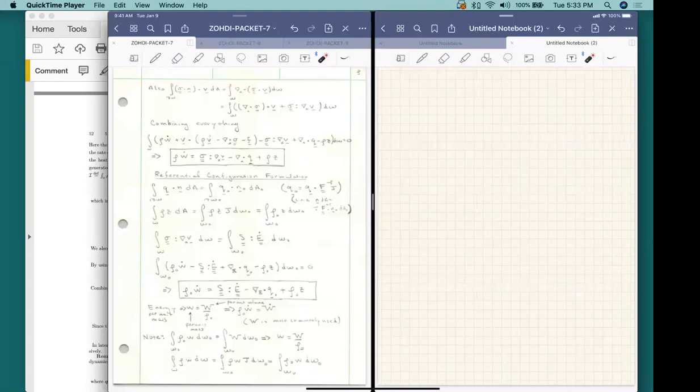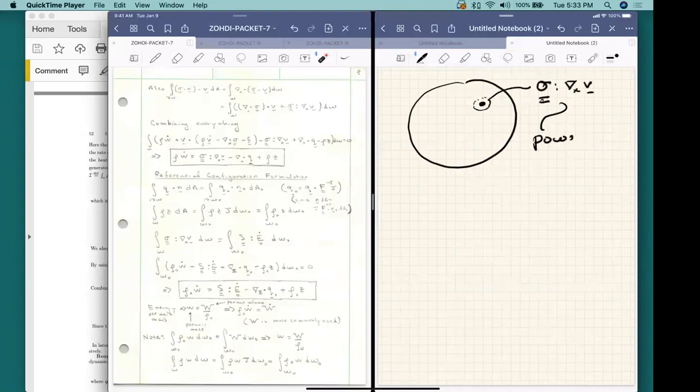So let's take a closer look at that thing. What that thing says is, if I take an object and start oscillating it back and forth, so let me isolate this little piece of material, and I subject it to a high value of stress, but I take the product of the gradient of the velocity with that stress, this will lead to some kind of power increase in the system. How does that work? Rho W dot is equal to sigma times the gradient of V, even in the absence of heat input, divergence of q.